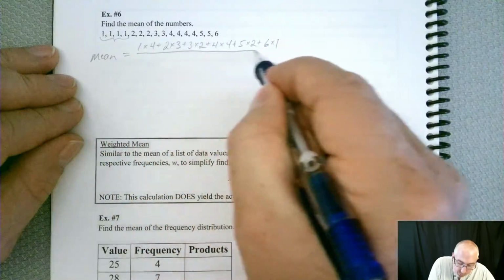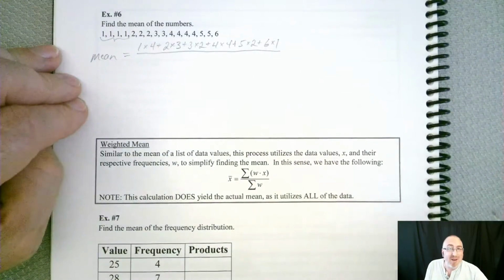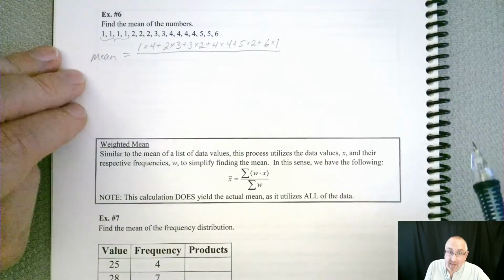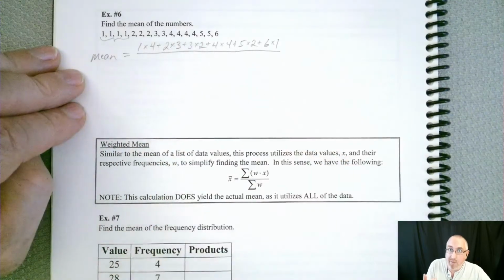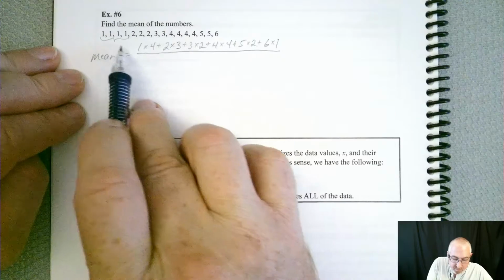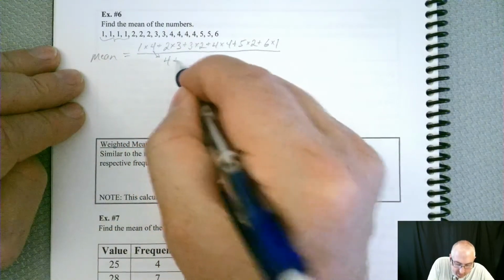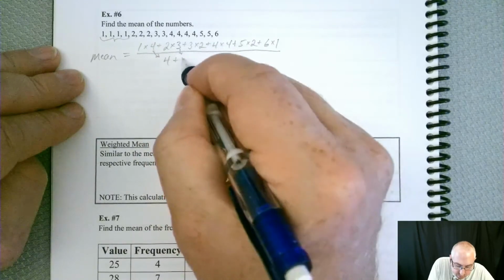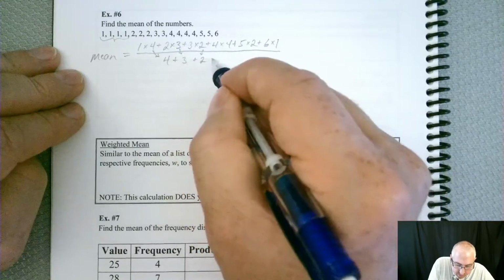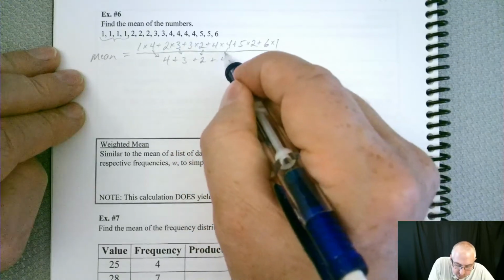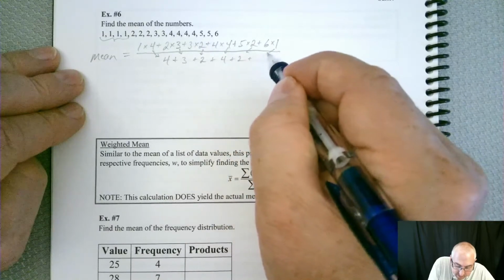Now, what do I divide by? Is there a shortcut for that? Well, you probably can guess yes. Instead of just counting one at a time, let's look at the batching that we did. There were 4 ones, so I'm going to pull the 4 down and add that to the number of 2's, and then add that to the number of 3's, and the number of 4's, and the number of 5's, and the number of 6's.